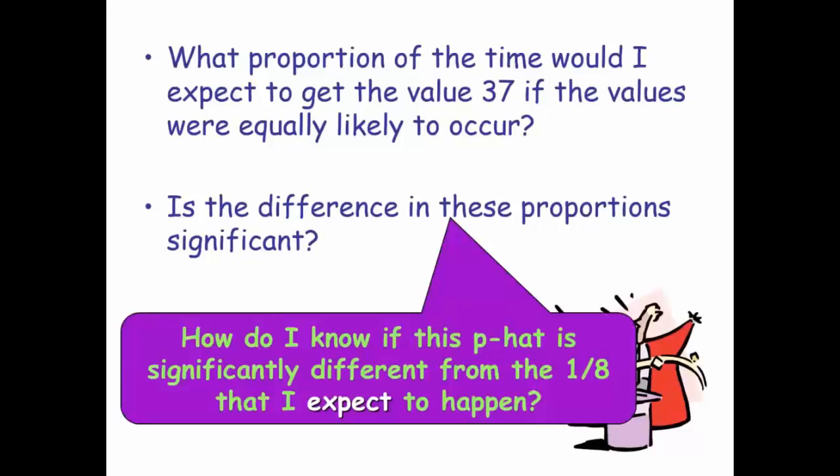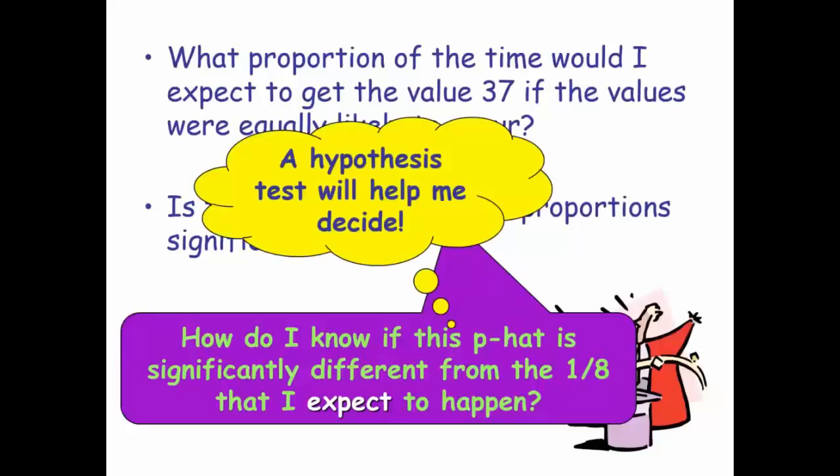Now, given that there's 8 choices, I would expect 37 to show up 1/8 of the time. And what we would test as a class is, does this happen more often than the 1/8? And so a hypothesis test will allow us to come to that conclusion, that we're surprised that this number showed up more often or not.